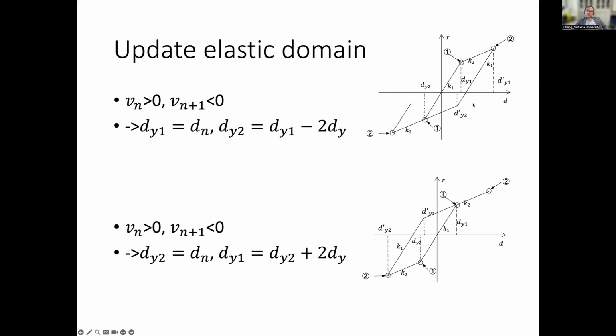We keep the distance between these 2 points, the displacement and the force, the same. From here to here, the span of the elastic domain is always the same, because K1 is the same. Once the displacement is the same, the force is also the same. So what changed is just the center of the elastic domain, shifted because of the plastic domain loading.